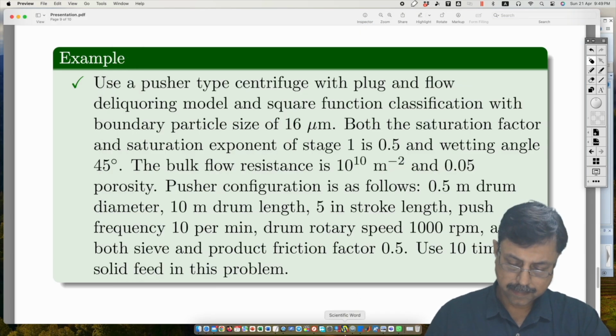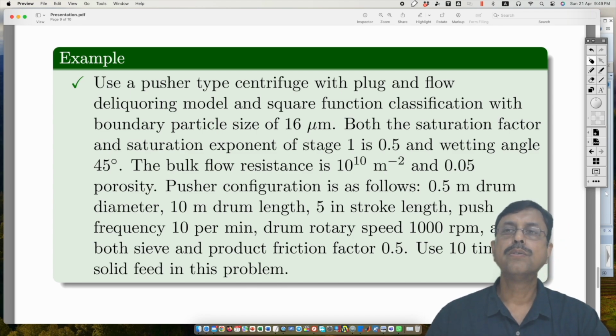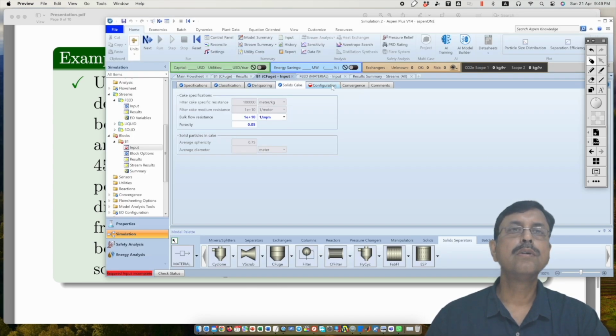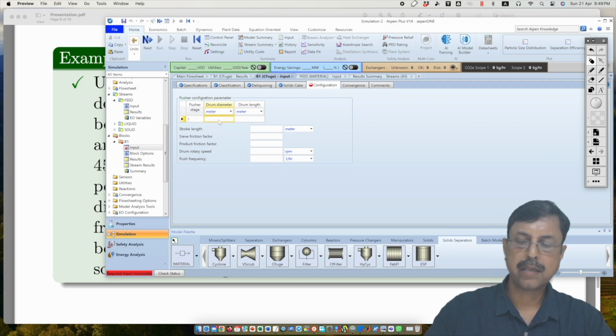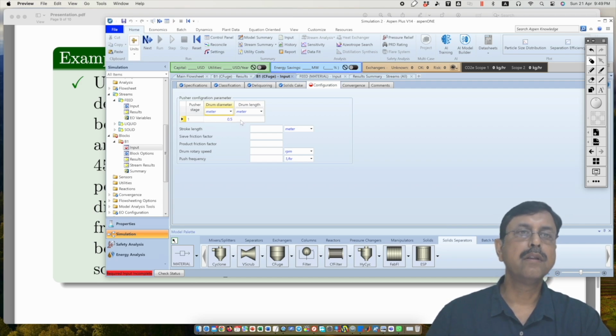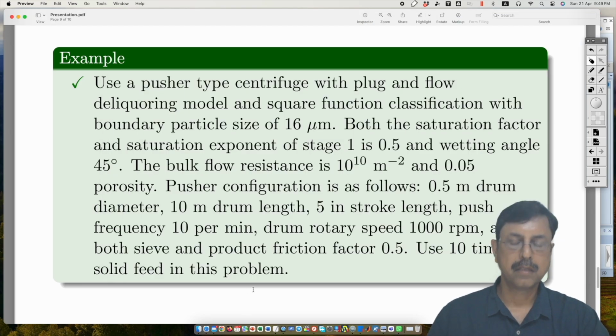What else? Pusher configuration is as follows: 0.5 meter drum diameter, 10 meter drum length. Five-inch stroke length and push frequency 10 per minute.